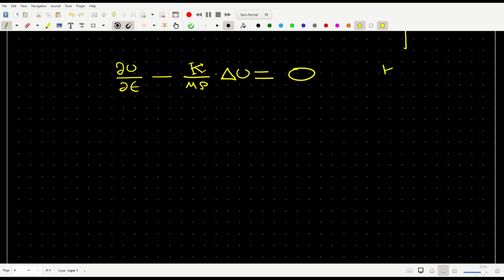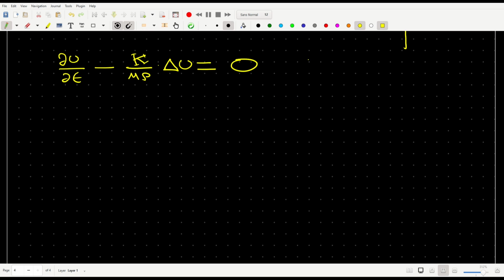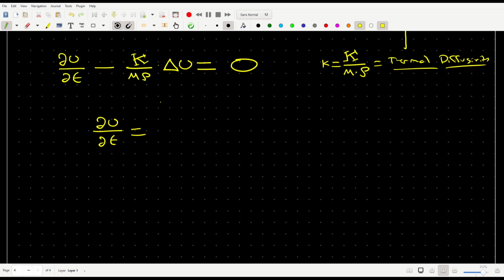If we call the value k the thermal diffusivity of the medium, which is going to be k over mu times rho, the heat equation in its final general form for constant coefficients will be du dt is equal to lowercase k times the Laplacian of u.